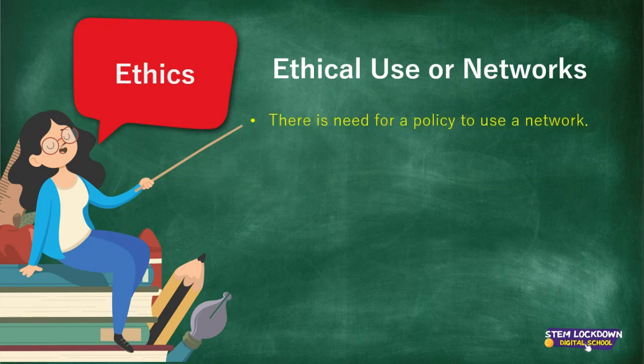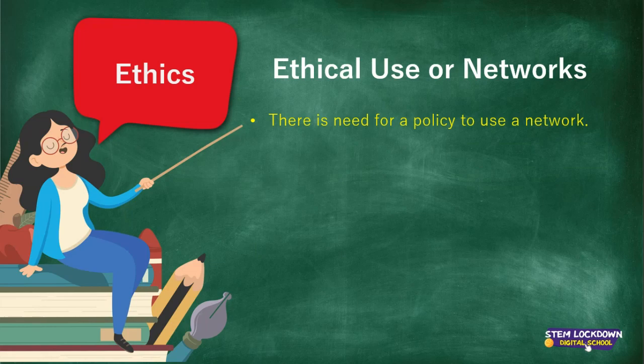So when you have a network, or usually most networks, there is a need for a policy to use the network. Some of you might have had a chance to go to maybe an internet cafe, right? When you get to the internet cafe, there are rules that you are given. You don't just do whatever you feel like.